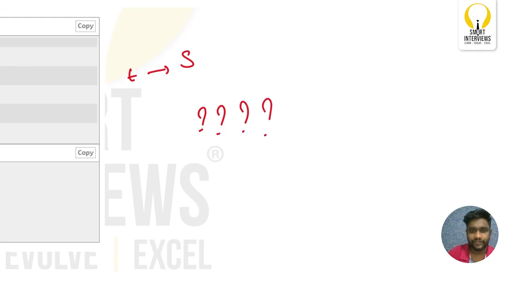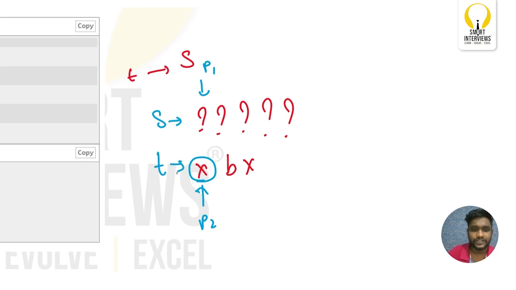Five question marks, and we are given X, B, and X. To solve this, we can simply use two pointers, let's call them P1 and P2. Pointer 2 is going to check if the character of string T is present in the string S or not.